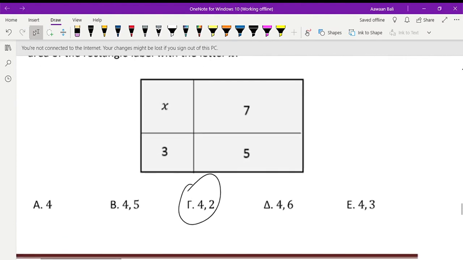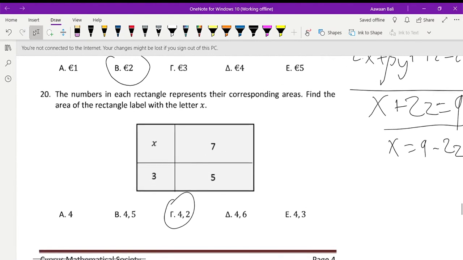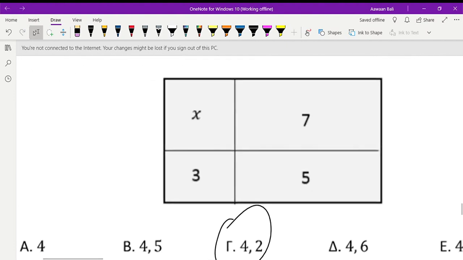It's great. So now we have to look at this question. Question number 20. The numbers in each rectangle represent their corresponding areas. Find the area of the rectangle labeled with the letter X. Remember how I say that all of the figures don't have to be to scale.